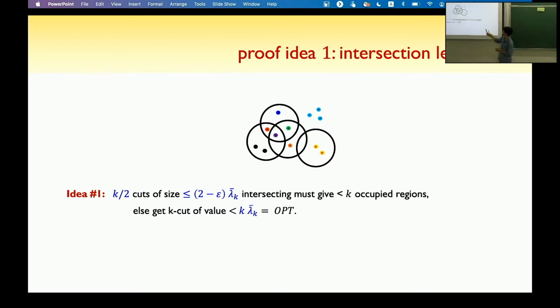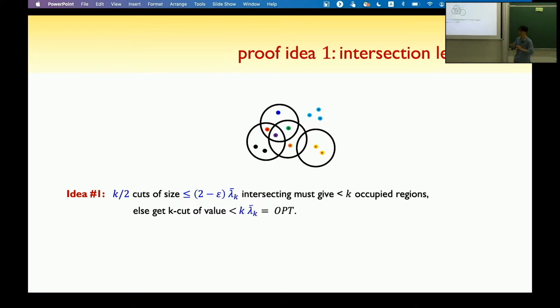In this example, we draw 4 sets, and there are 8 non-empty regions, coded by color. But suppose we take k over 2 sets and draw a Venn diagram, and suddenly there are at least k non-empty regions.